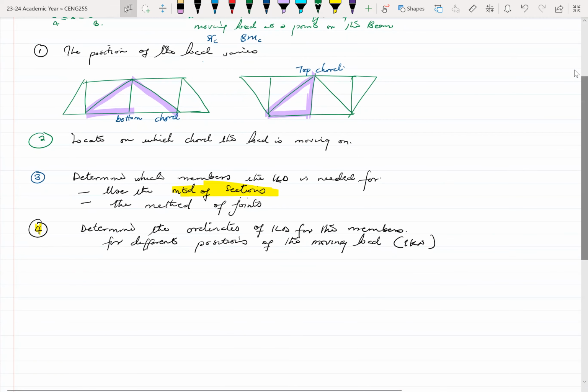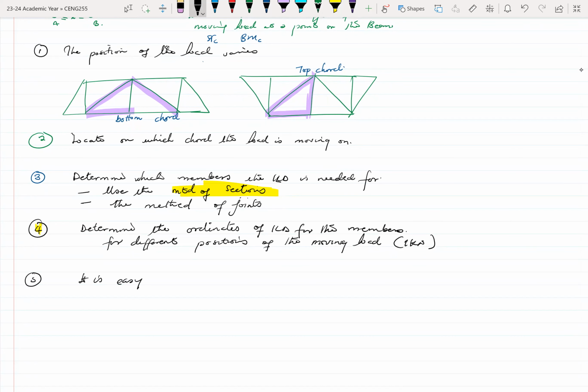And when you're dealing with trusses, it is easier to use the side without the 1 kilonewton load. All right.